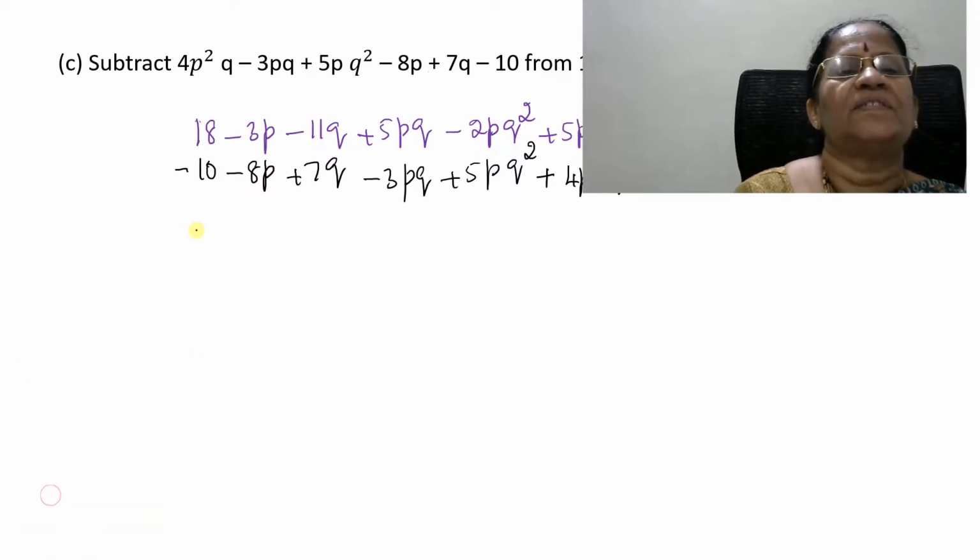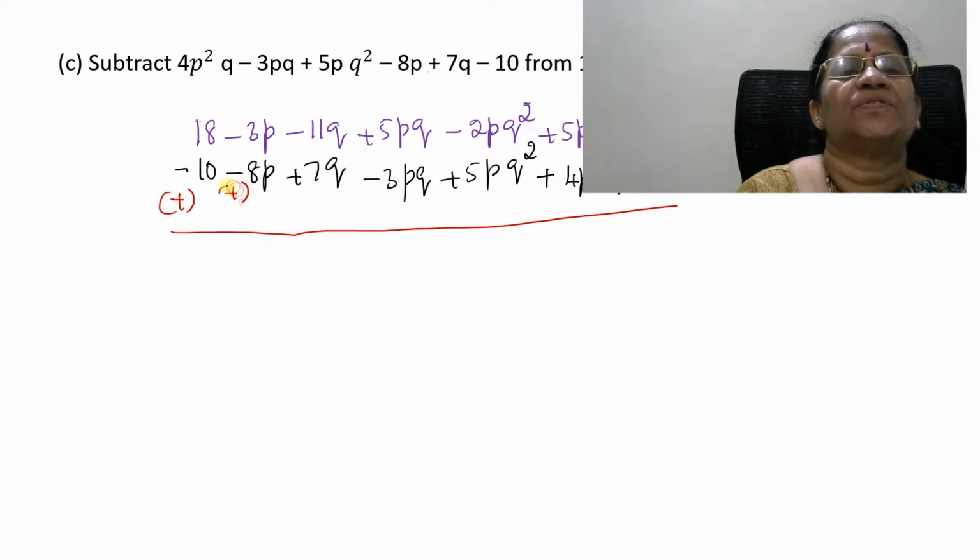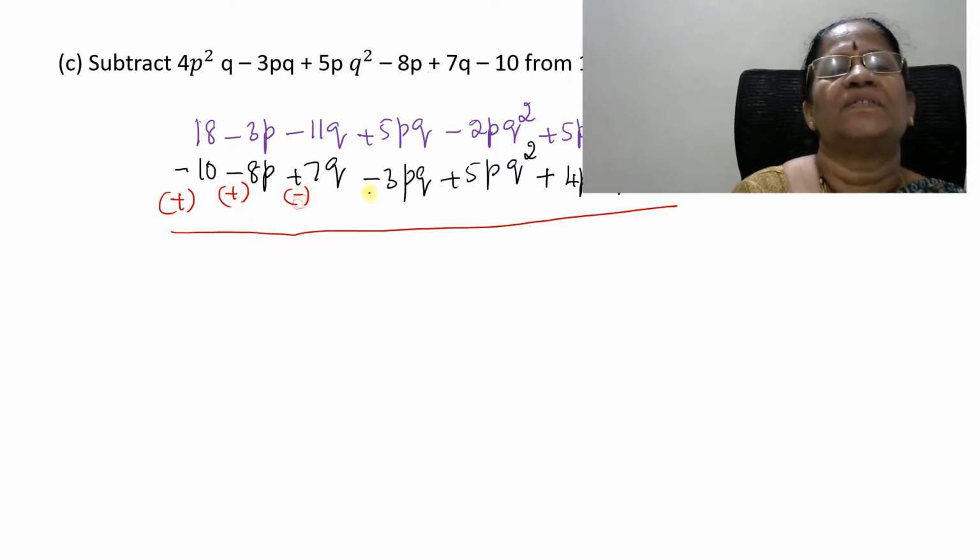Now change the sign of the subtrahend. Minus becomes plus. Here also plus, minus, plus, minus and minus. Now plus 18 plus 10 is plus 28. Minus 3 plus 8 is plus 5p.